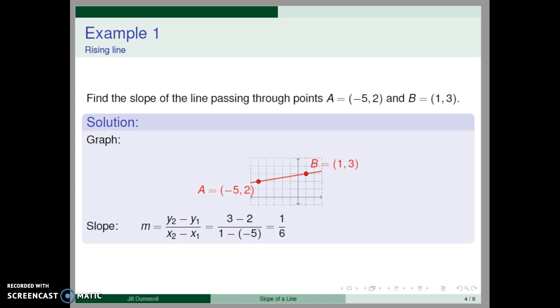So the slope of this line is 1/6. That means for every 1 unit we go over horizontally on the line, we go up 1/6 of a unit.